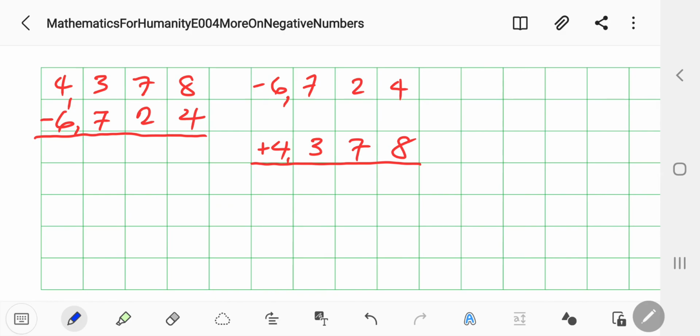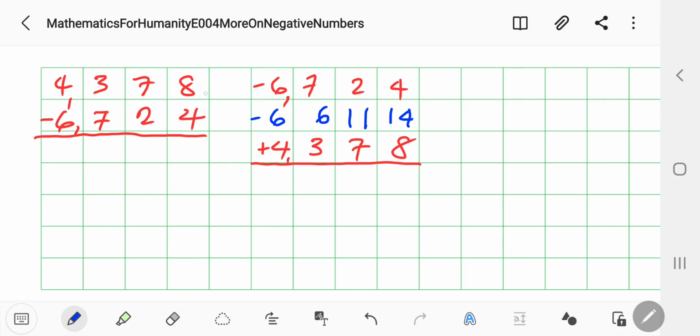You can bring down 4 here, but 4 is less than 8, so you have to borrow 10 from here, and then you get 2, but you've already borrowed 10 from this one, so you bring down 1 here, and then 1 is less than 7, so you have to borrow 10 again from here, and so that's 6. 6 is greater than 3, so you don't have to borrow 10 anymore, and then you bring down this negative 6 here.